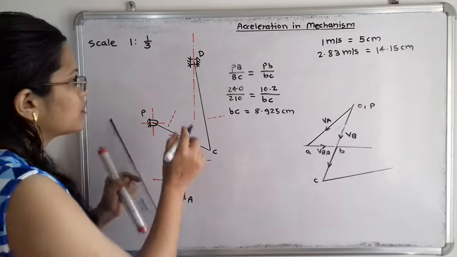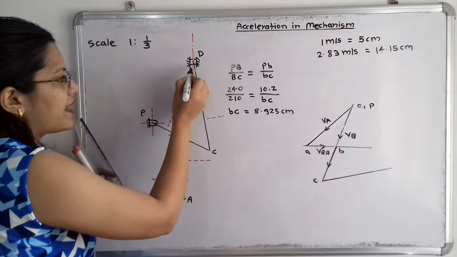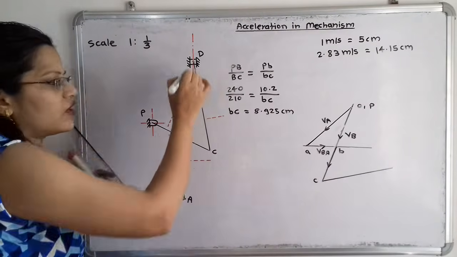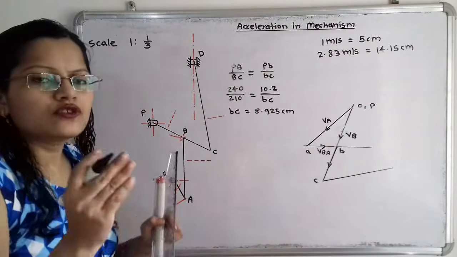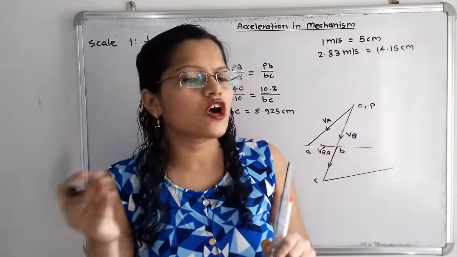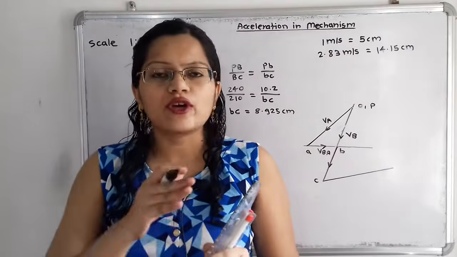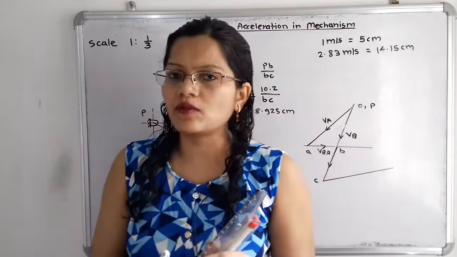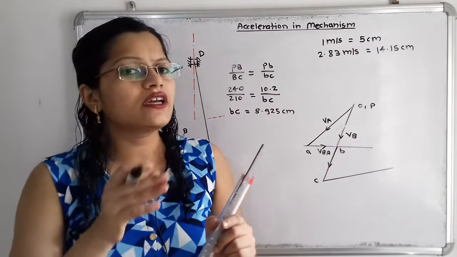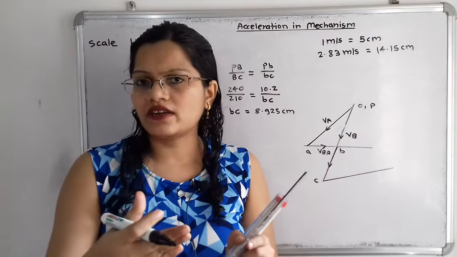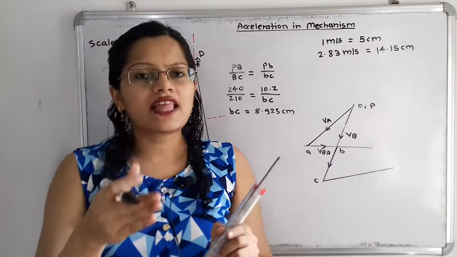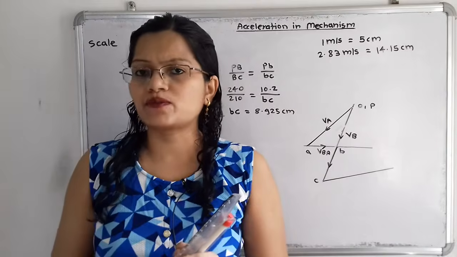Now if we observe, at point D there is the slider, which has motion along the vertical line. So how to show this motion along the vertical line in the velocity diagram? We know that we always show the reciprocating motion of the slider along the horizontal or vertical line. We have to take this line passing through the fixed point.